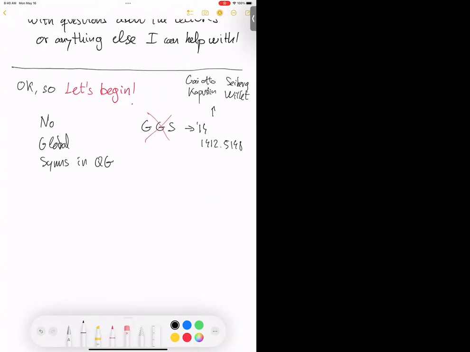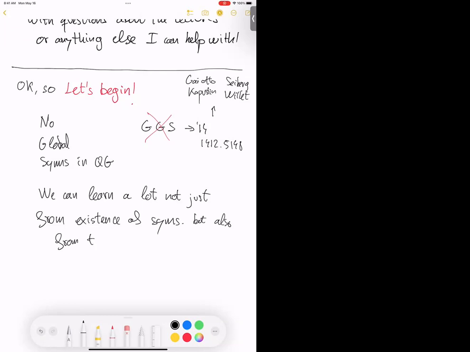And the reason is, and I think it's an important principle, so I'm going to write it down, that we can learn a lot, not just from the existence of symmetries, which is what we do in quantum field theory, but also from their absence.